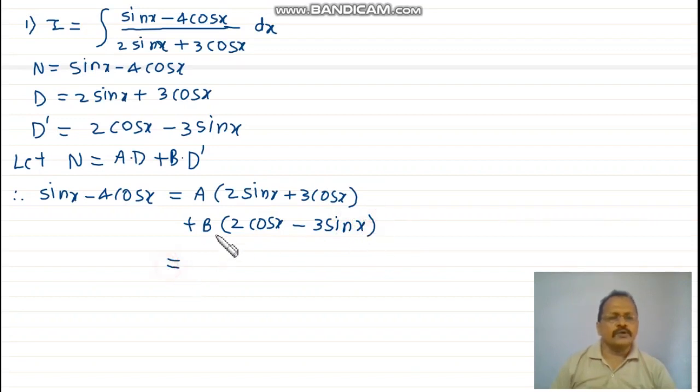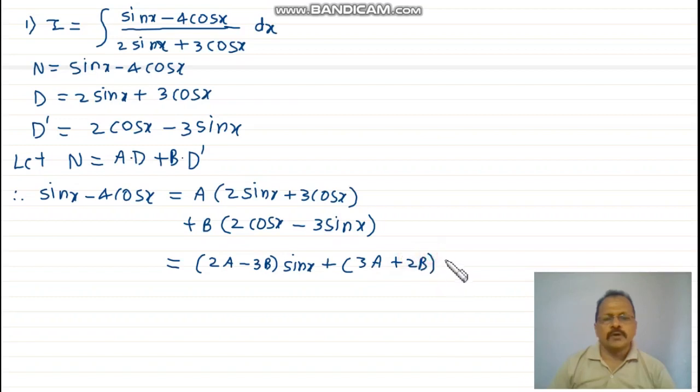This is equal to (2a minus 3b) times sin x. The coefficient of sin x in the first bracket is twice a, and in the second bracket it is minus 3b. So (2a minus 3b) times sin x plus (3a plus 2b) times cos x.